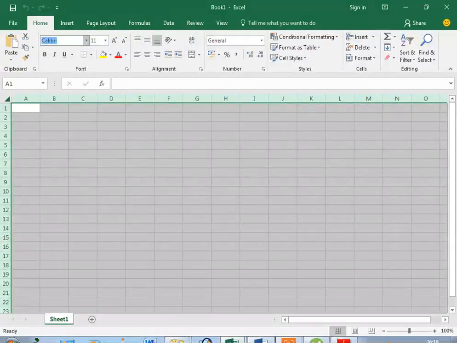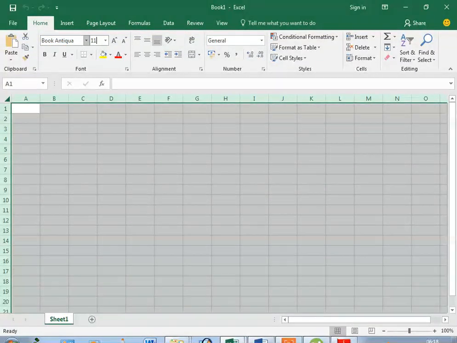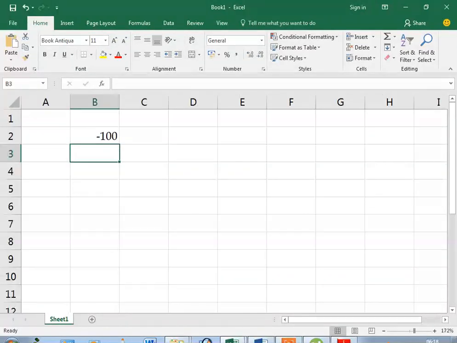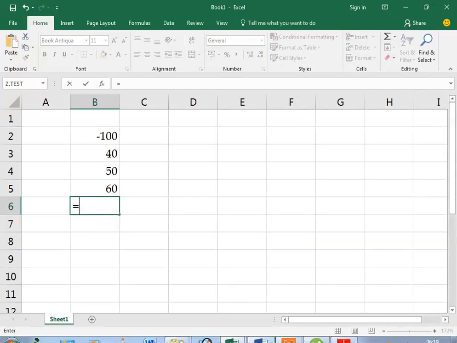Now, what does this mean? For example, if there's a project with 100 rupees of outflow on day 0 and you receive 40 rupees, 50 rupees, 60 rupees in between, the IRR for this cash flow is 22%. What IRR assumes is that the moment I receive 40, I can invest in some other project which can give me a return of 22%.